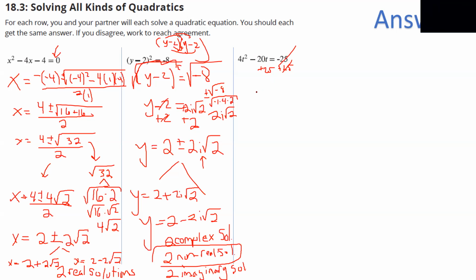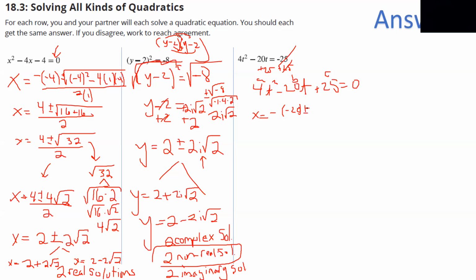Once I add 25 to both sides, those cancel out. You get 4t squared minus 20t plus 25 is equal to 0. And now that it's equal to 0, I can go ahead and use the quadratic formula. So I say x is equal to negative b, in this case negative 20. Remember, this is a, this is b, and this is c.